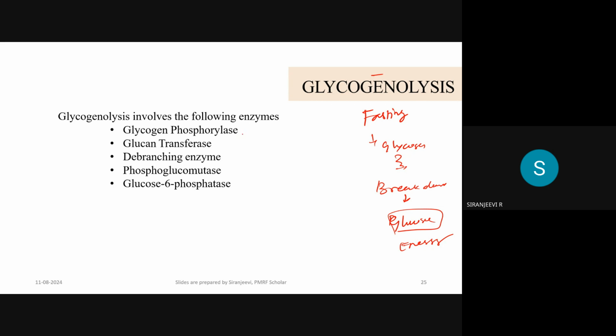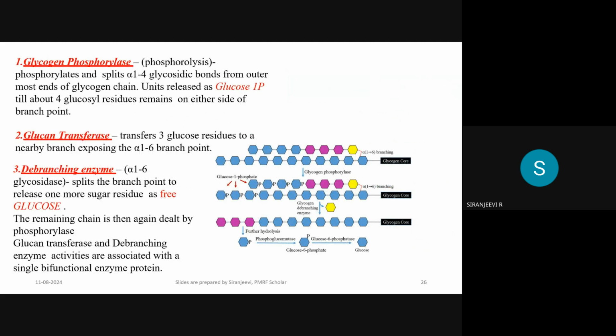There are several enzymes that are important for glycogenolysis. For example, glycogen phosphorylase, glucan transferase, debranching enzyme, because the branching is there, so the debranching should happen. Then phosphoglucomutase, then glucose 6 phosphatase. So how does it happen? Glycogen phosphorylase, in the branching, will break down the alpha 1,4 linkage.